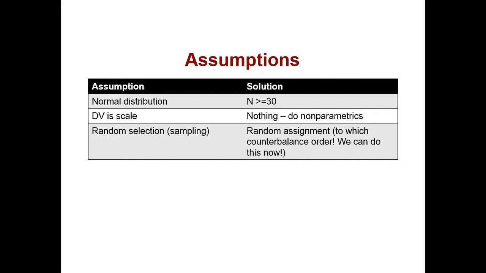Is the DV scale? If the DV is not scale, there's no solution. You have to do a non-parametric test. And that question pops up again. I think a couple of them missed that one. Random selection or random sampling. We can't really do that a whole lot. We've talked about this throughout the semester, so instead maybe we can do random assignment.